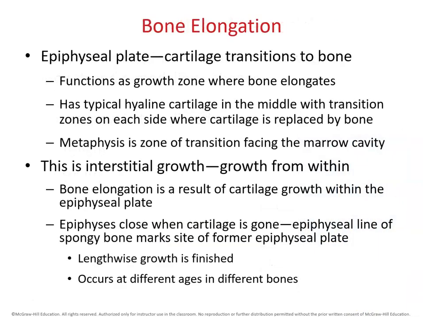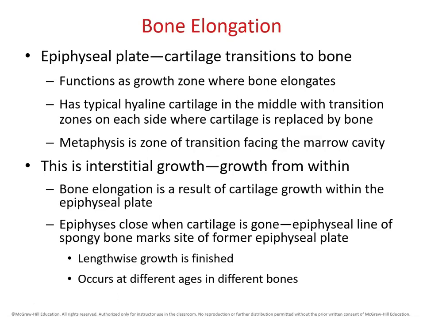So again, that epiphyseal plate is the place where cartilage is transitioning to bone. It's the zone where the bone can grow longer. It's made of hyaline cartilage and has bone on either side of it, and then that hyaline cartilage is eventually replaced with bone as well.